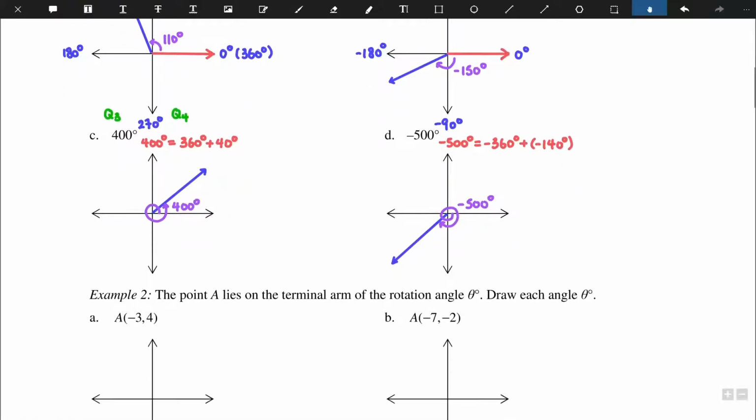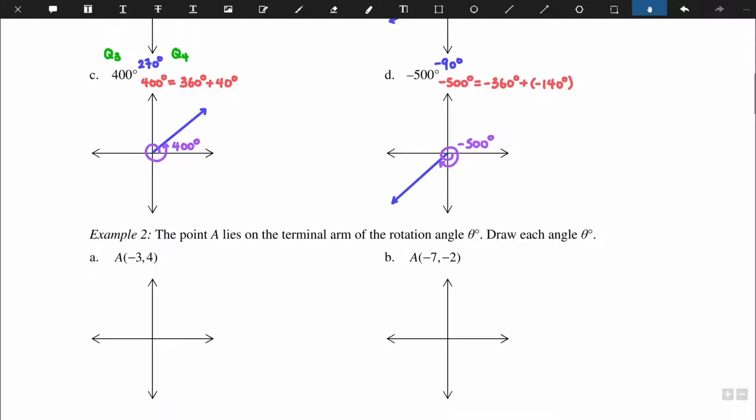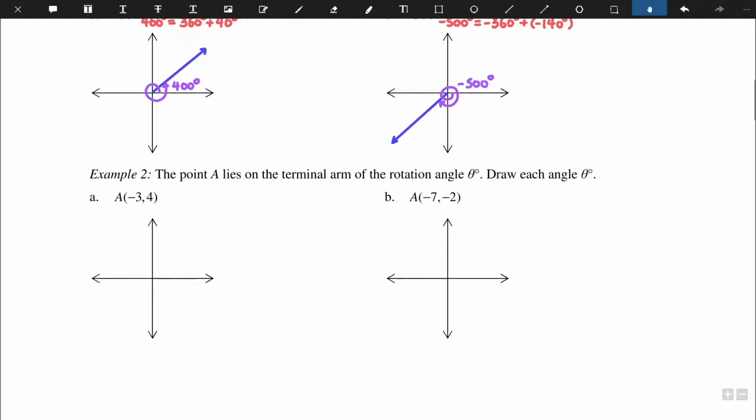So another way to draw angles in standard position is to use coordinates of a point that is on the terminal arm, like we have in example 2 here. So the point A has coordinates negative 3, positive 4. So it's going to be in quadrant 2, and if we are to add values here, negative 1, negative 2, negative 3, and then 1, 2, 3, and 4, this point should be somewhere around here.